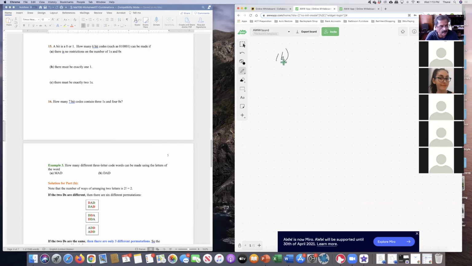So here, we are making 7-bit codes, so 7 boxes, but we are allowed to have only 3 ones. The remaining boxes will be 0. So 3 ones have to be placed in 7 boxes. So ignore the zeros. If you put 3 ones, the remaining boxes will automatically be zeros.